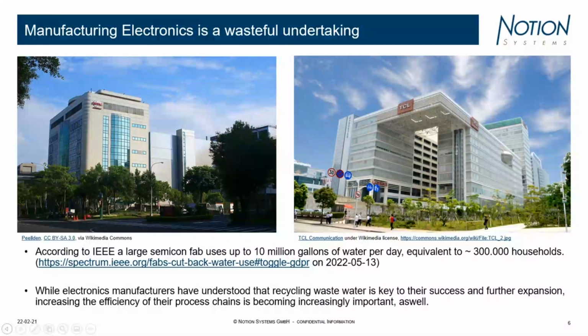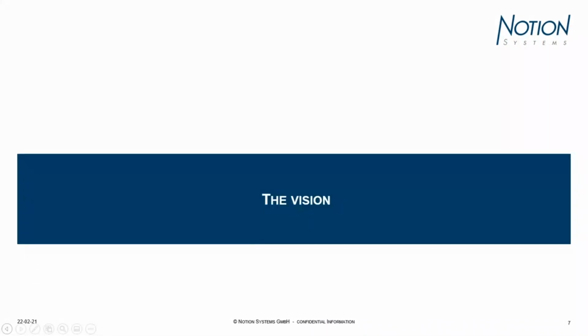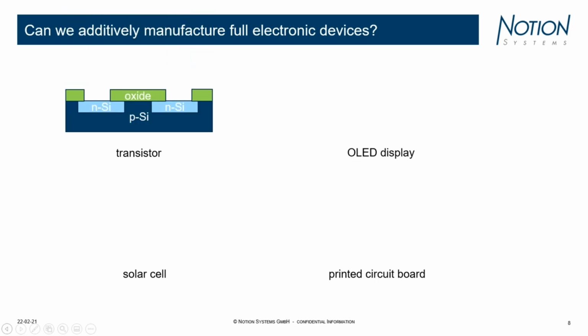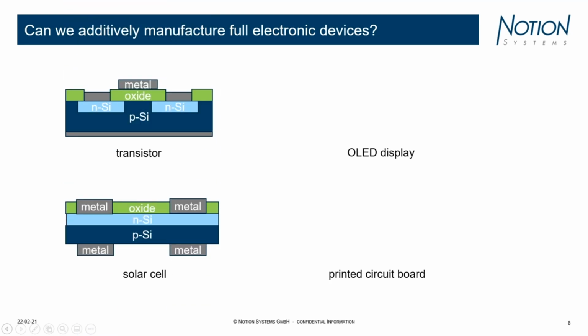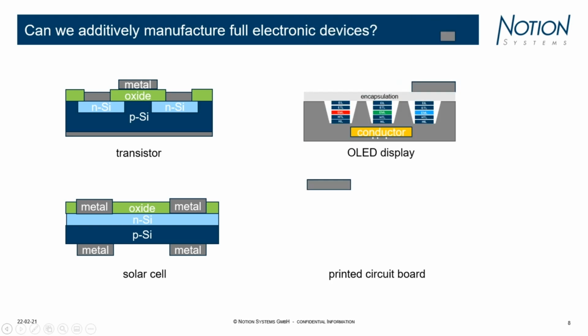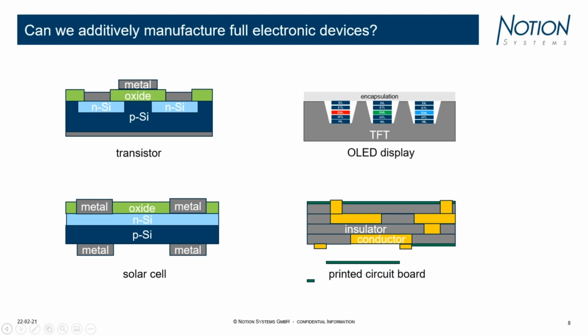So how to do this? What's our vision? Wouldn't it be great if we could put the functional layers, layer by layer, just print them to get a transistor, to print a solar cell, to print an OLED display. Let's look a bit more into detail for the single processes.